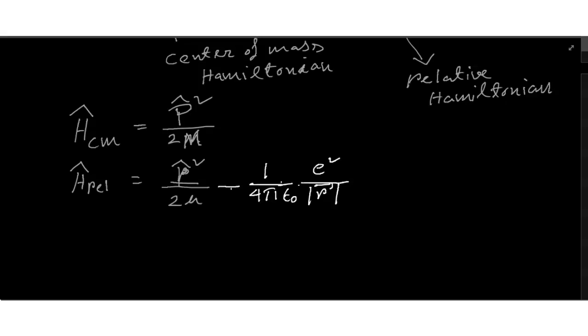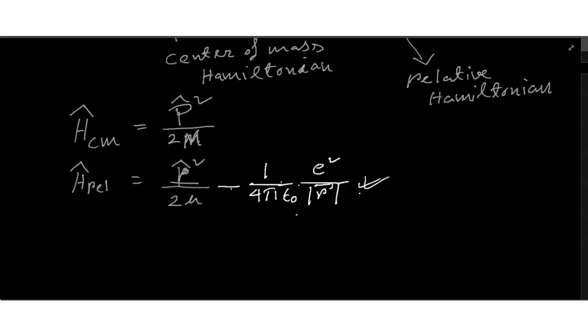The interesting physics of the hydrogen atom is therefore captured by the relative motion of the proton and electron as described by this Hamiltonian. And this will be our main focus in the study of the hydrogen atom.